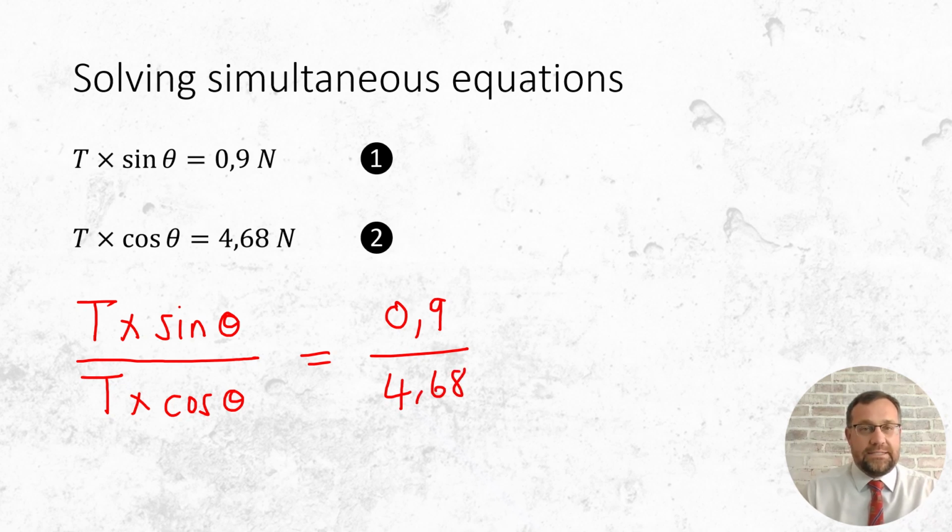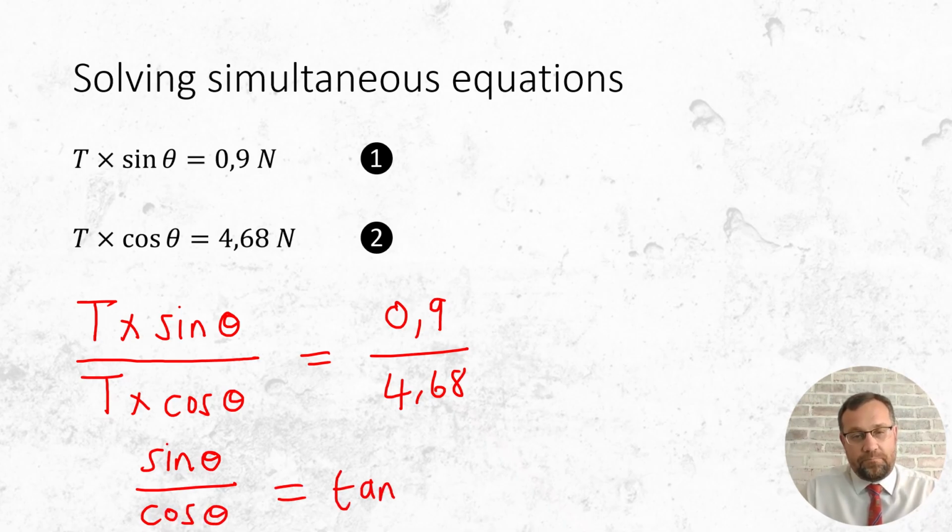Now T and T will cancel out. That leaves us with sine theta divided by cos of theta, which is equal to the tan of theta.